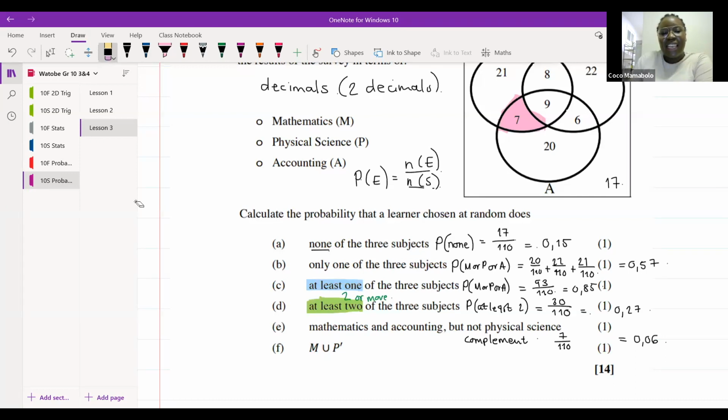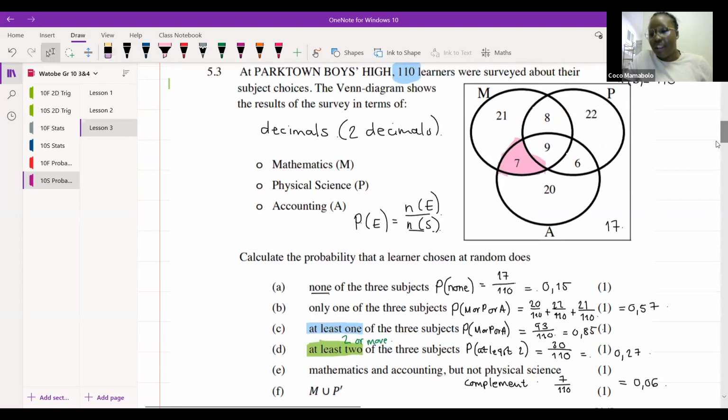All right, let's look at the next one. Thank you, class monitor Jasmine. Let's look at maths union with not physics. Remember, union means everything, guys. So we're going to include maths and everything that is not physics.